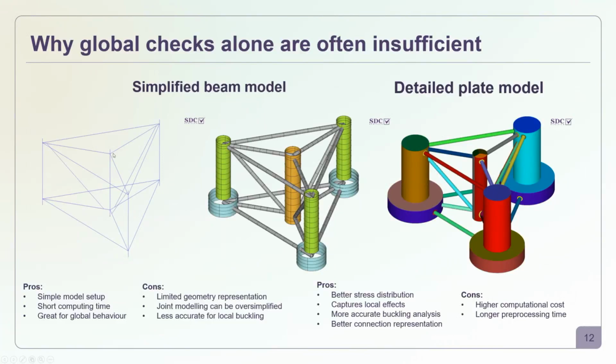The left one is simply beams with thickness off, and on the right side you can see with thickness on. And what are the pros and cons of such simplified beam models?